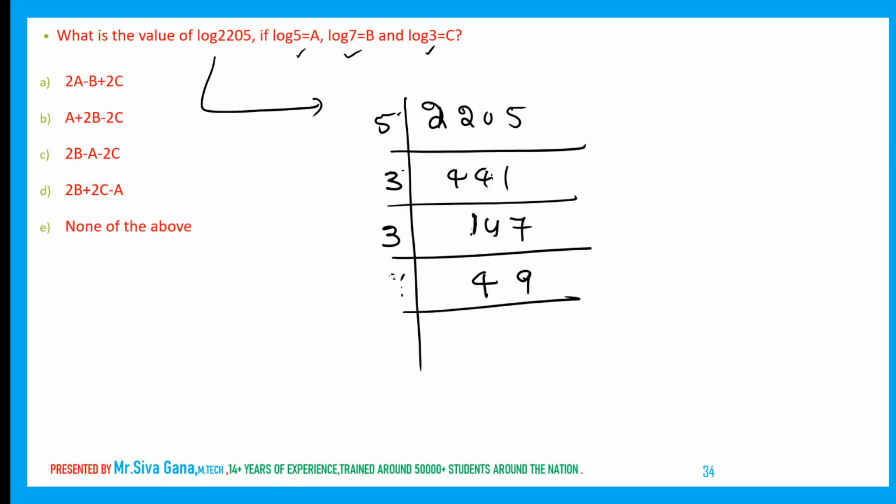I can work with 7: 49 is 7 sevens. So this I can write as 7 square into 3 square into 5.